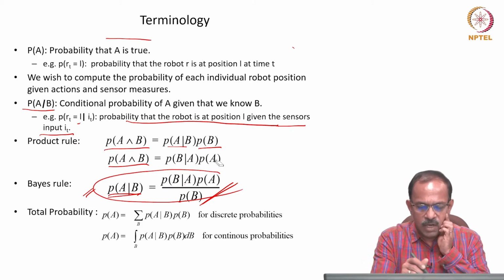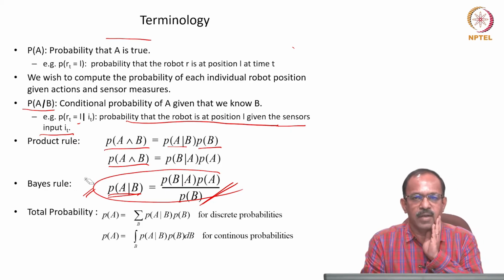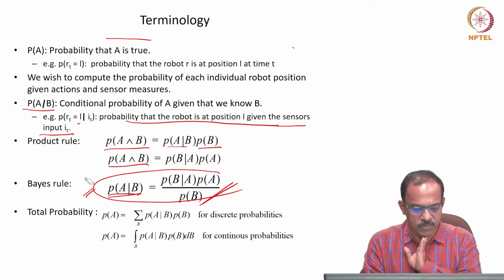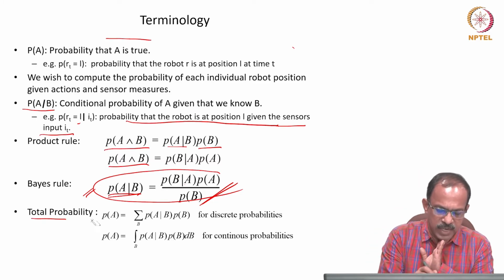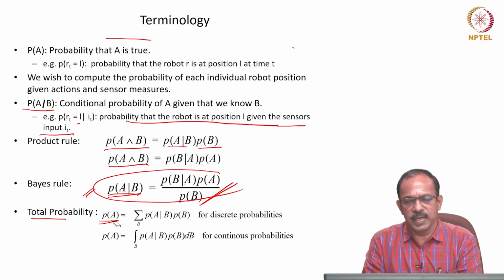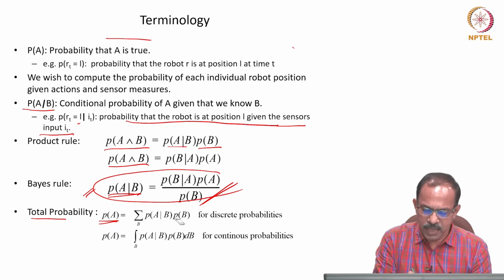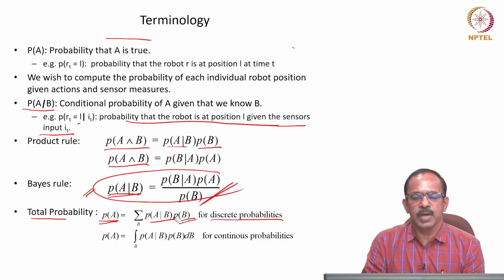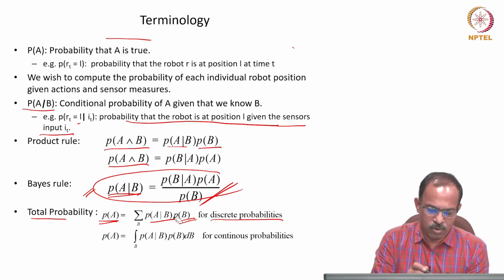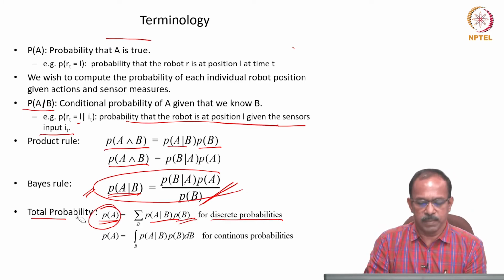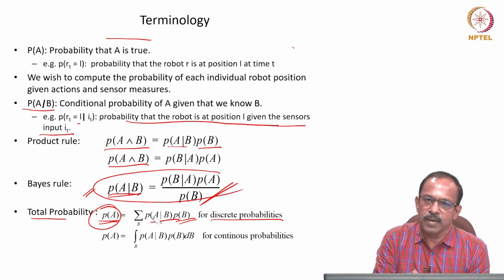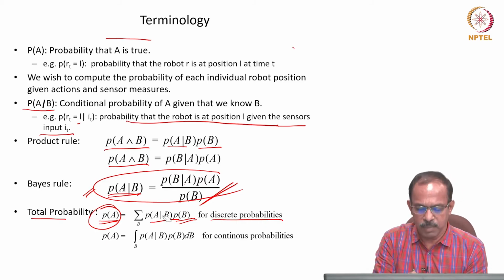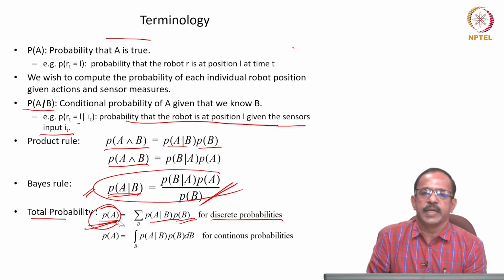So, we will be using the Bayes rule for estimating the robot position, and the total probability is given as P(A) equal to P(A|B) multiplied by P(B) for discrete probabilities. So, you can multiply these probabilities to get the total probability of A; the conditional probability of A given B multiplied by the probability of B will give you the total probability of A.